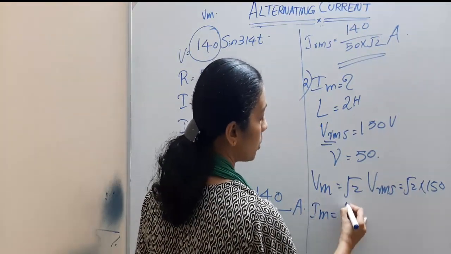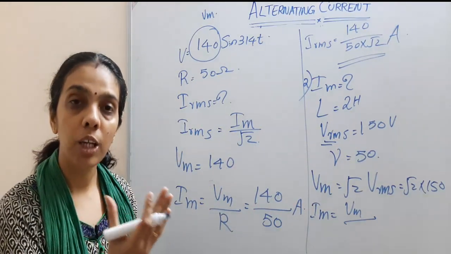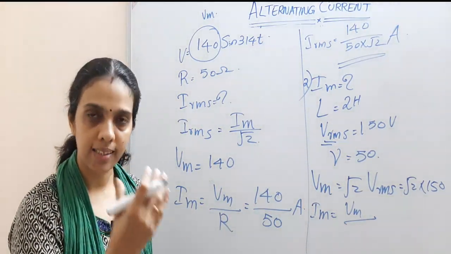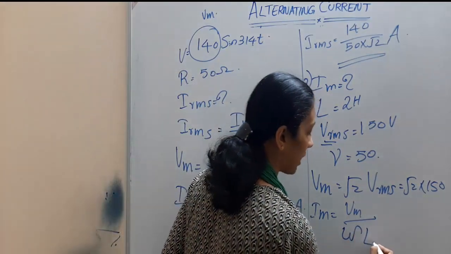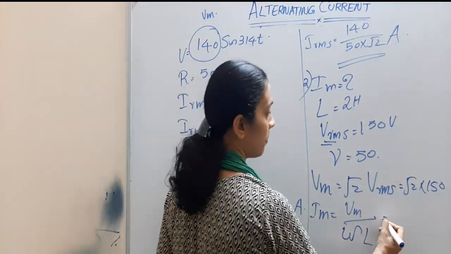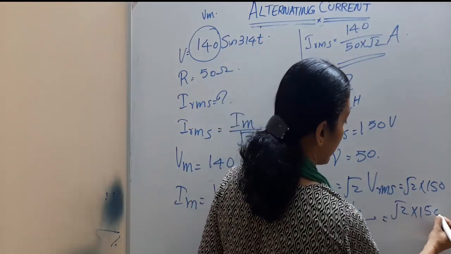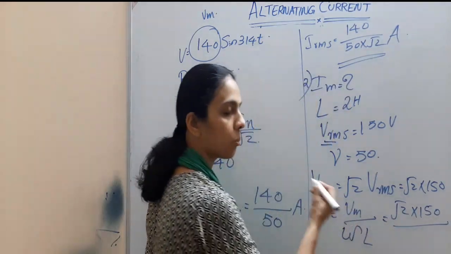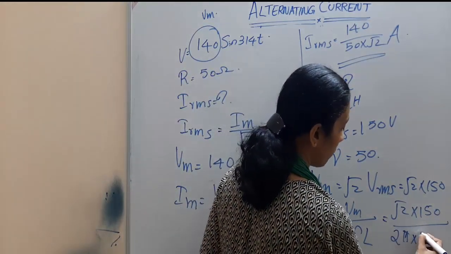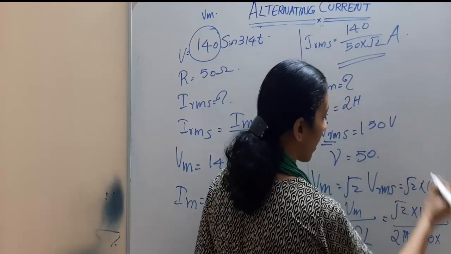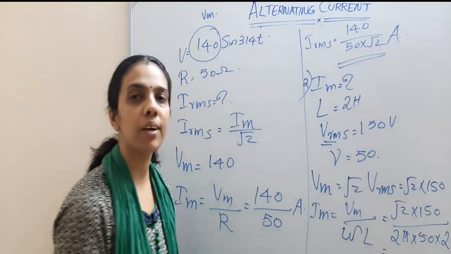Im will be equal to Vm divided by XL, that is omega L. Yesterday we learned this. So Vm is root 2 into 150 divided by omega L. How will we find omega? 2 pi into nu, 2 pi into 50, into the L value, which is 2. So we will get the final answer while solving.